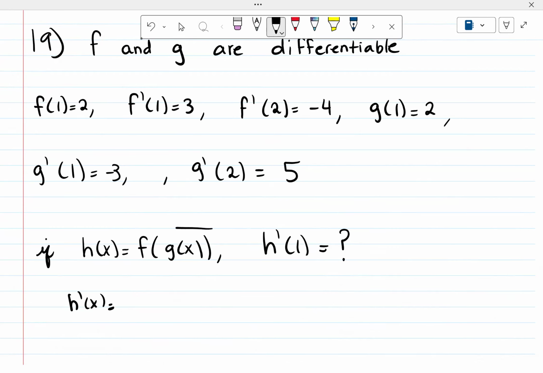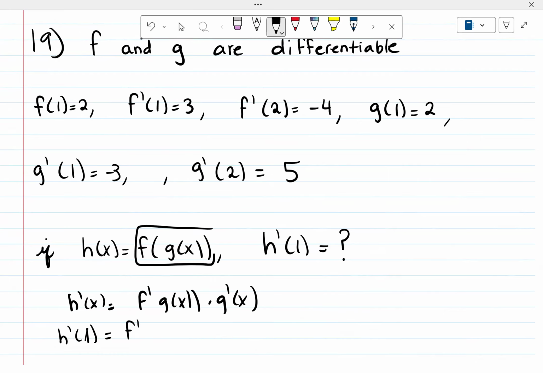How do we find h prime of x? Well, they give us h of x as f of g of x. You've got to take the derivative of this, which is basically the chain rule. So it's f prime of g of x times g prime of x, right? It's just the chain rule. Then we've got to find h prime of 1. That's going to be f prime of g of 1 times g prime of 1.